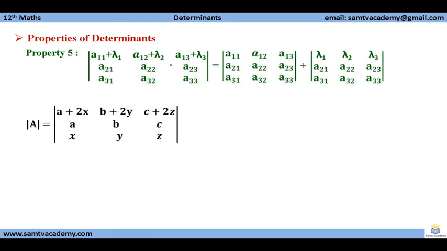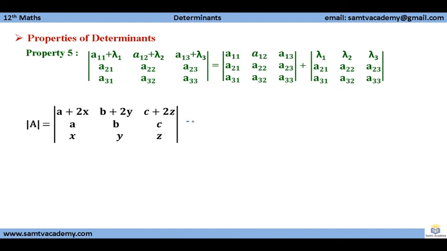Next is the fifth property. I have said that you can expand. If you have something given in summation in the first row, then you can expand it like 2 determinants. Here it has been expanded separately for a11, a12, a13, and then for lambda 1, lambda 2, lambda 3, and then you can solve it.